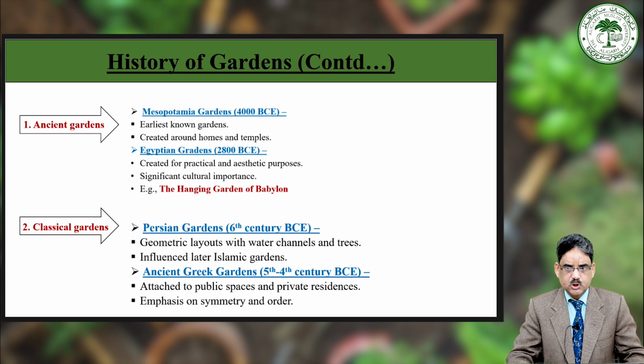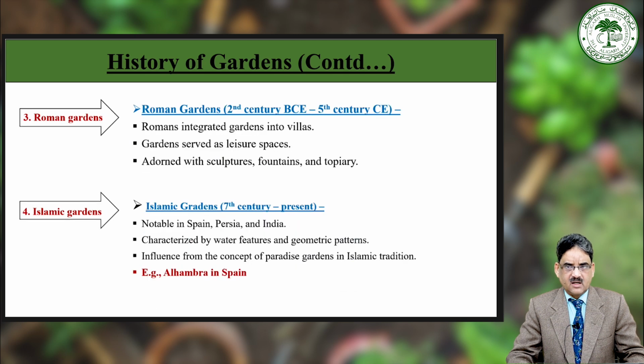They showcase geometric layouts, water channels, and trees, influencing later Islamic gardens. Classical gardens also include ancient Greek gardens of the 5th to 4th century. They were linked to public spaces and private residences with a distinct emphasis on symmetry and order. After classical gardens come the Roman gardens.